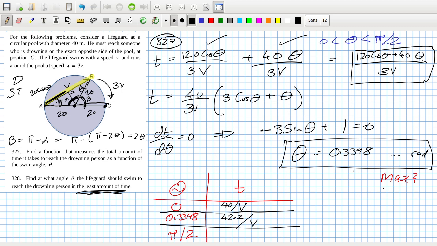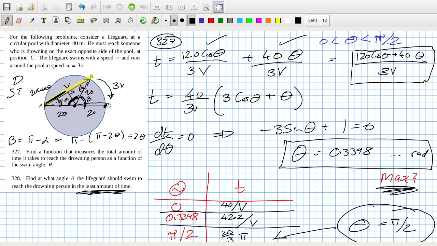So it is a max then. And then the last one, pi over 2: 40 times pi divided by 2, divided by 3. It's 20 over 3 pi. So that's the minimum time. The theta has to be pi over 2.